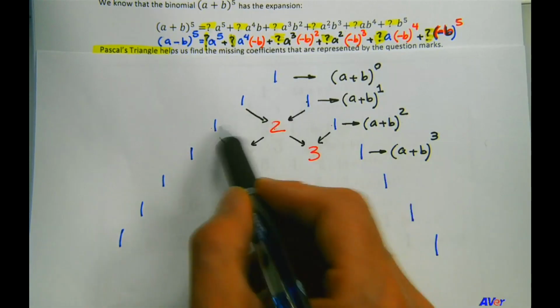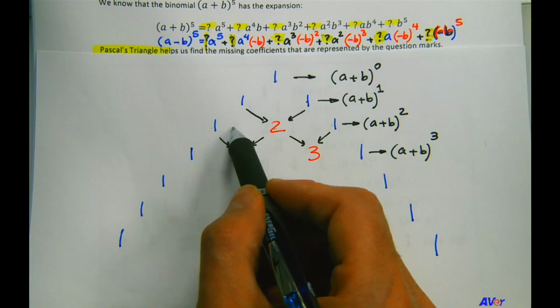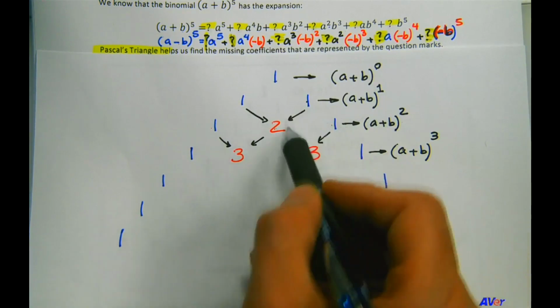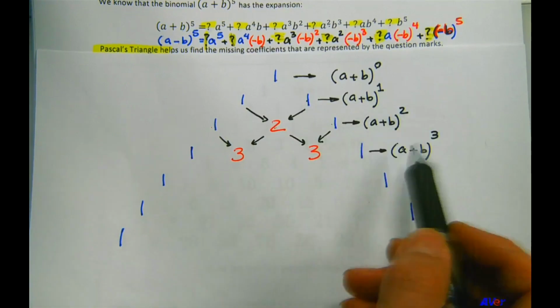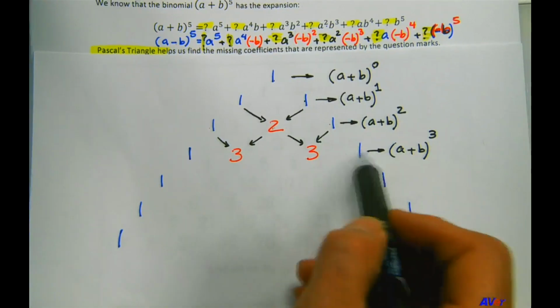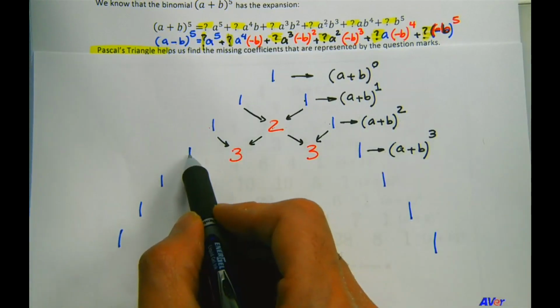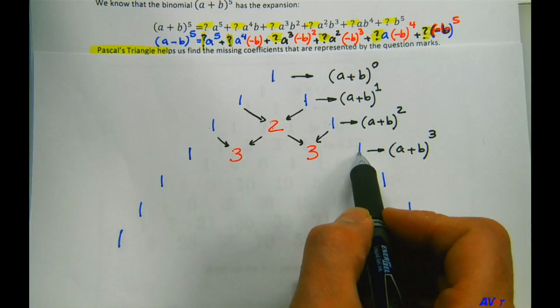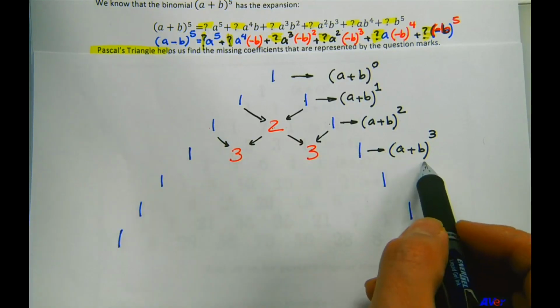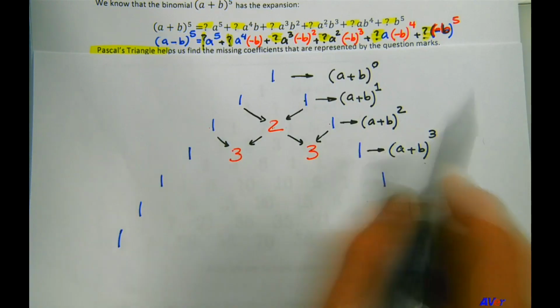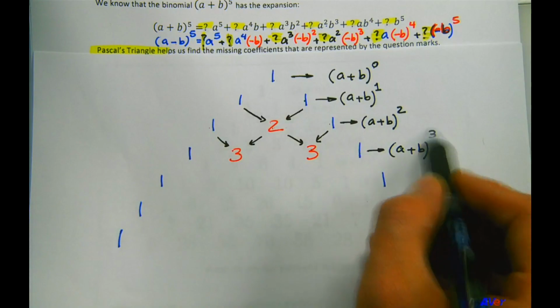So notice the number of terms in the expansion of a binomial, or 2 terms, is always 1 more than the power. So in this row, the power is 3. How many terms do we have in the expansion? 1, 2, 3, 4, with these coefficients. Okay? So again, we have 4 terms, 1 more than the power.